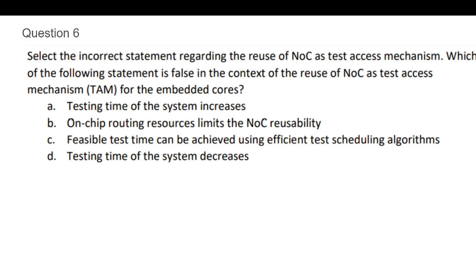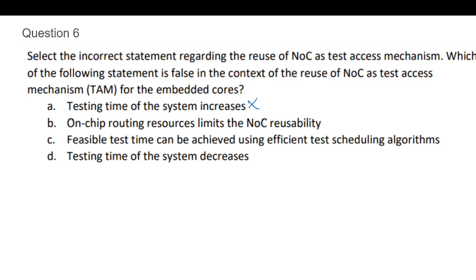Next question. Select the incorrect statement regarding the reuse of NOC as test access mechanism. Which of the following statements is false in the context of the reuse of NOC as test access mechanism for the embedded cores? Testing time of the system increases. This is false.